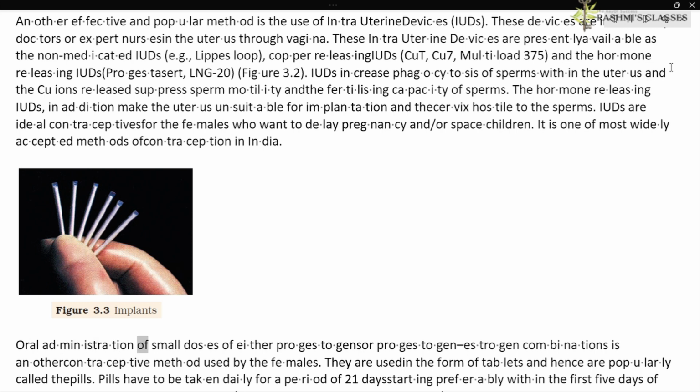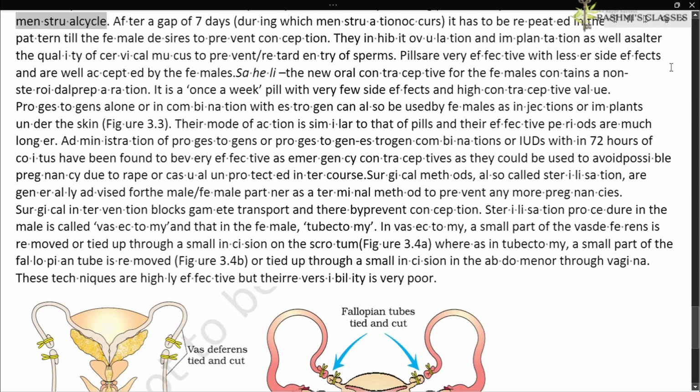Oral administration of small doses of either progestogens or progestogen-estrogen combinations is another contraceptive method used by the females. They are used in the form of tablets and hence are popularly called the pills. Pills have to be taken daily for a period of 21 days, starting preferably within the first 5 days of menstrual cycle.